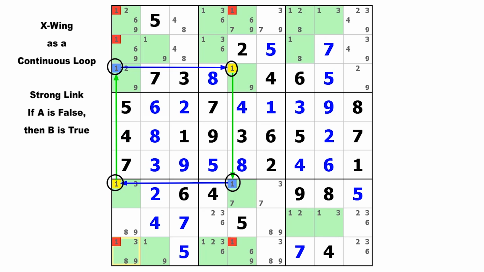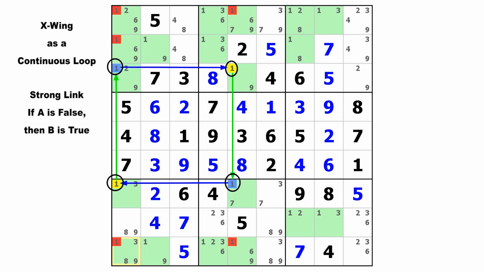Once the loop is correctly constructed and connected, all the weak links will actually become strong links, which can many times produce lots and lots of candidate eliminations. Now, of course, with an X-wing, it is much easier to just identify it as an X-wing. I'm just using this as a simple demonstration of the basic logic behind any continuous loop, okay?